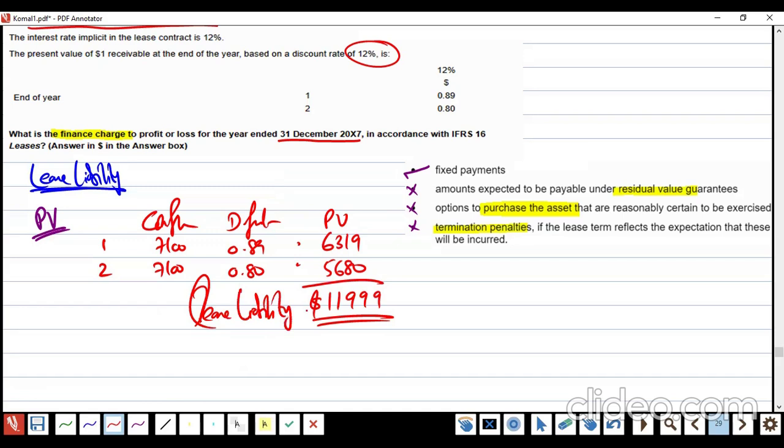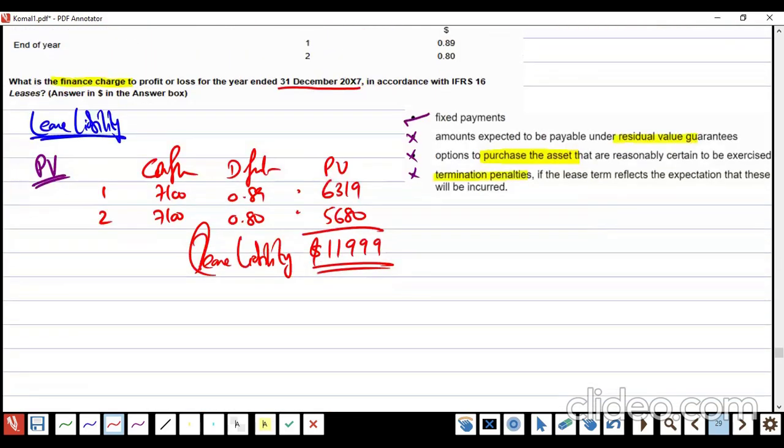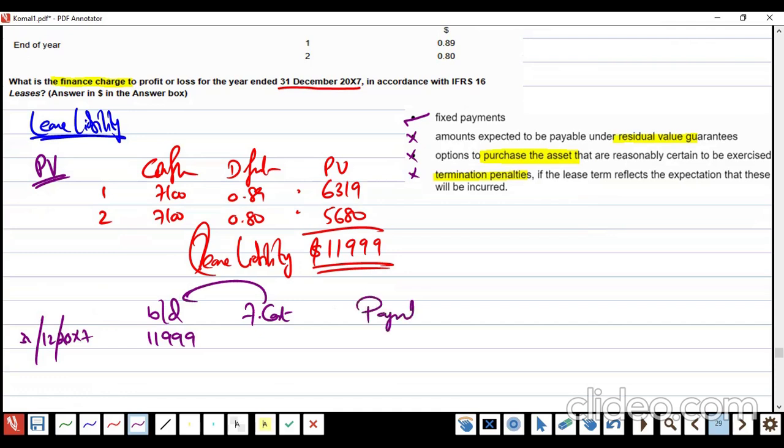Correct me if I'm wrong. No, that's right. Now the table. Remember the lease table? B/D, which is 11,999. Then finance cost applies here. Then payments, and then the C/D. Remember?